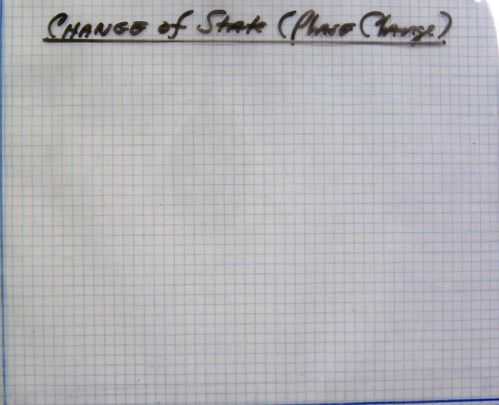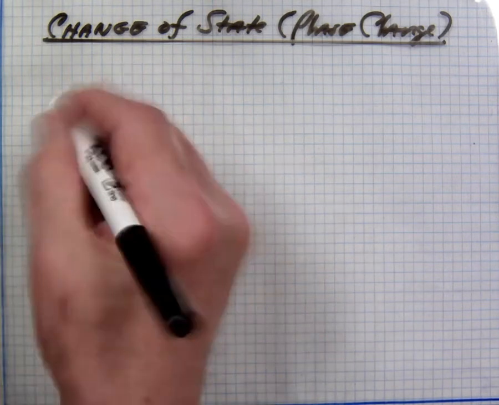This topic is very familiar to all of you: changes of state are melting, freezing, boiling, evaporation, condensation. Maybe some of you know about sublimation and deposition and so forth. Now, the way I present this is what we call a phase change triangle, or phase triangle.